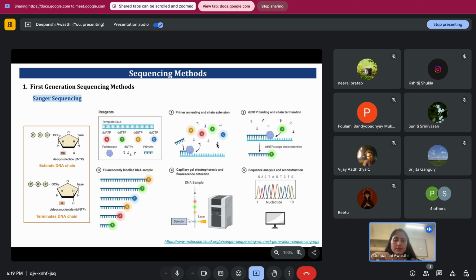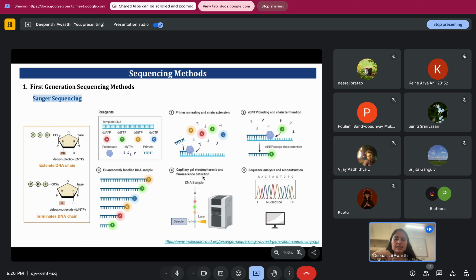At some point it will take a ddNTP complementary to the template strand. As soon as this ddNTP binds, it stops the elongation of the DNA chain, and the daughter strand is terminated, because the ddNTP lacks the 3' OH group which is responsible for the extension.